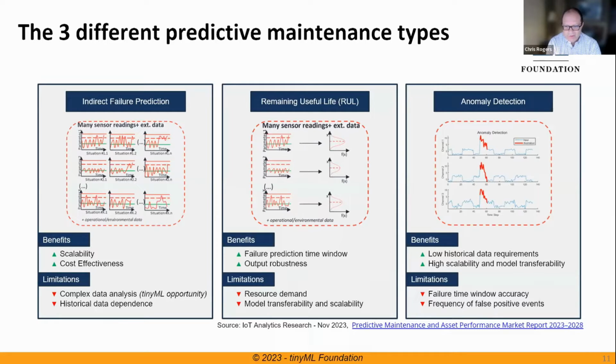If that motor is located on a concrete pad for some type of factory process, it'll have different frequency response characteristics than one that might be on rubber isolators as its foundation. And there are all kinds of other context-based differences that would change the frequency response and characteristics of the model. So again, like with indirect failure prediction, this is all about having sufficient data in order to build a model.